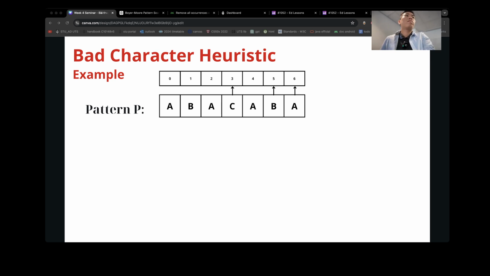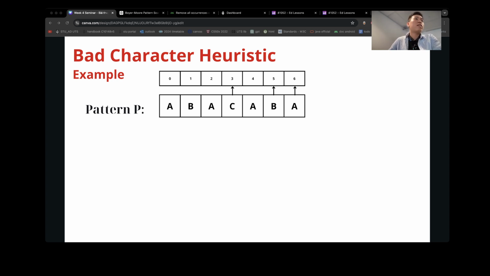So K here is a character, right? Yes, K is a character, and R of K is the rightmost position of that character in the pattern. I see. But you have this for every possible character that might show up, not just the characters in the pattern. Right, so the main idea is we initialize this to 0 if it doesn't occur in the pattern.